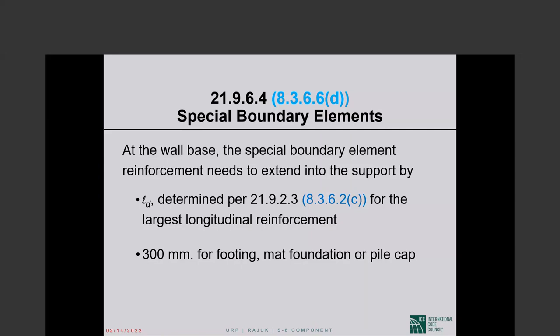Below the critical section, if the shear wall is sitting on another structural member, I said the same thing first, then I told you the wrong thing. Then the special confinement shall extend into the supporting structural member by one development length of the largest longitudinal bar, or if it is a foundation or footing, then 300 millimeters.